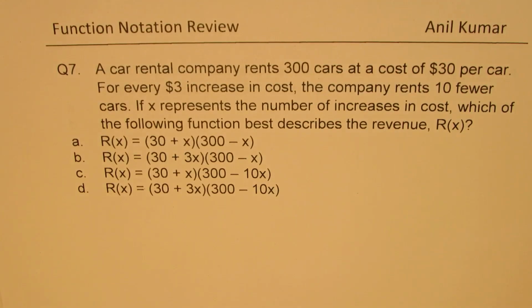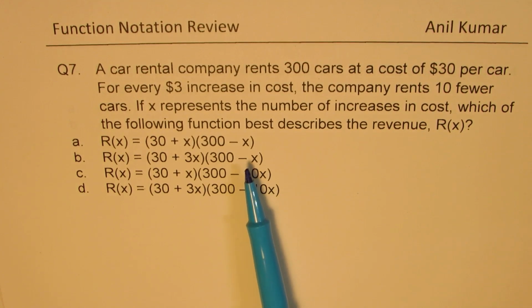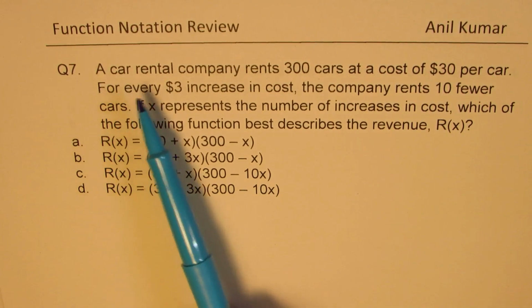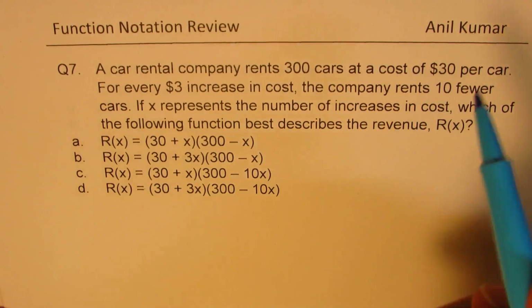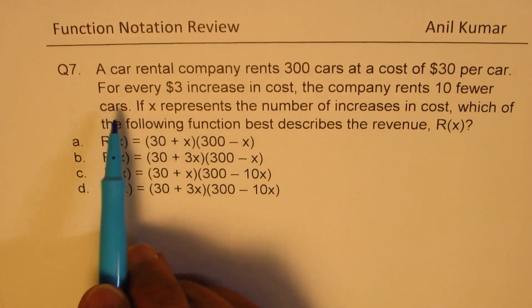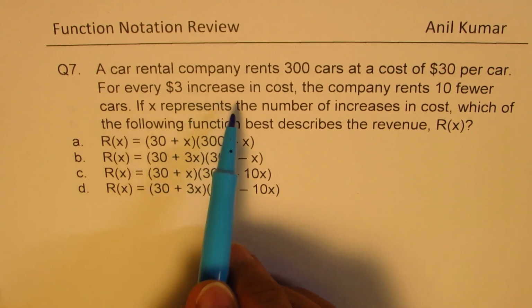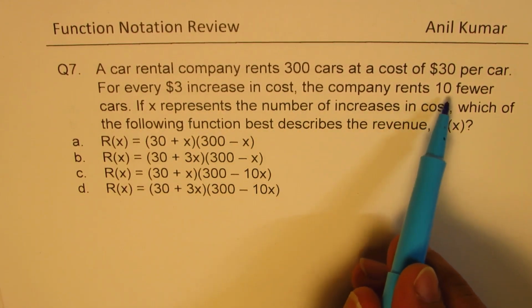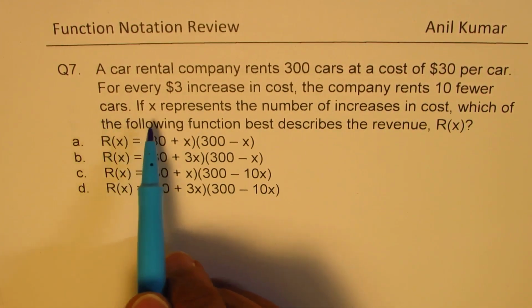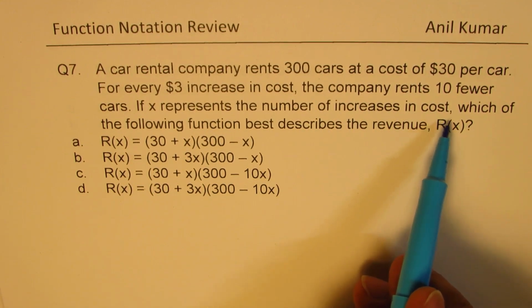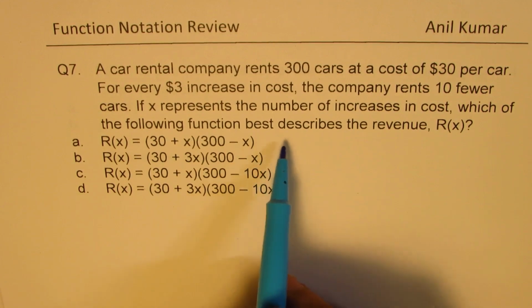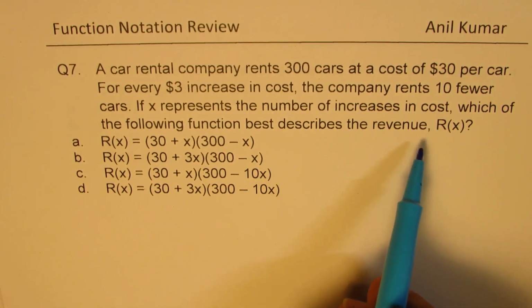Here is question number 7. This is a very popular word problem. You'll see many similar examples. A car rental company rents 300 cars at a cost of $30 per car. For every $3 increase in cost, the company rents 10 fewer cars. If x represents the number of increases in cost, which of the following functions best describes the revenue?